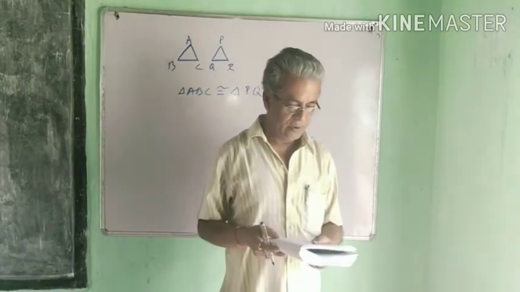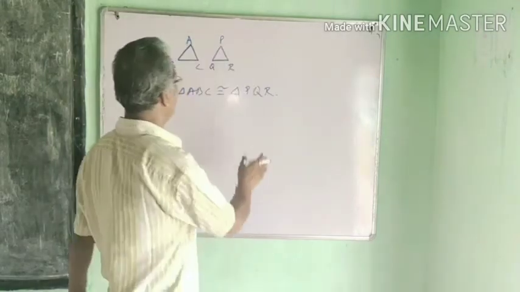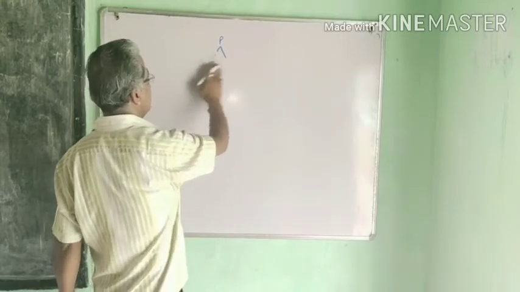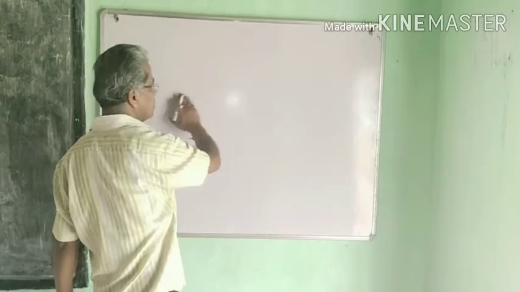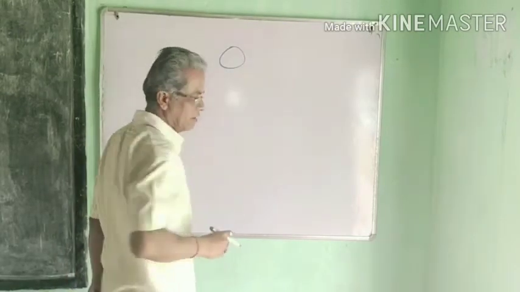Next one. The whole is greater than the part. किसी भी चीज के एक हिस्से से उसका पूरा चीज ज्यादा होता है. Suppose this is a circle.